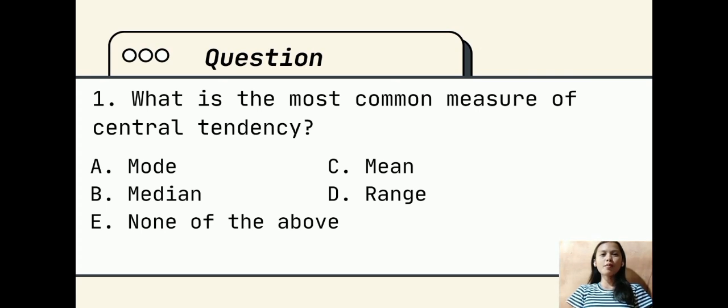Number 1. What is the most common measure of central tendency? A. Mode, B. Median, C. Mean, D. Range, E. None of the above.